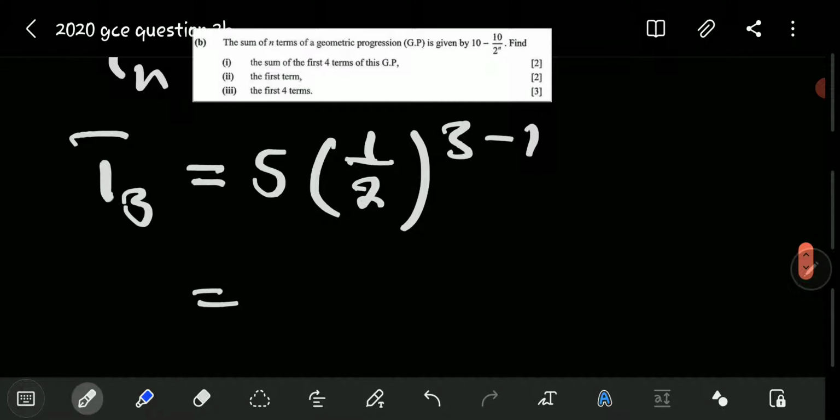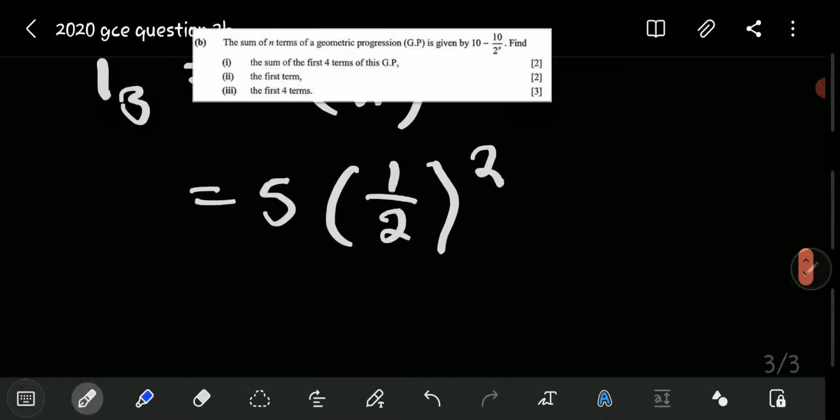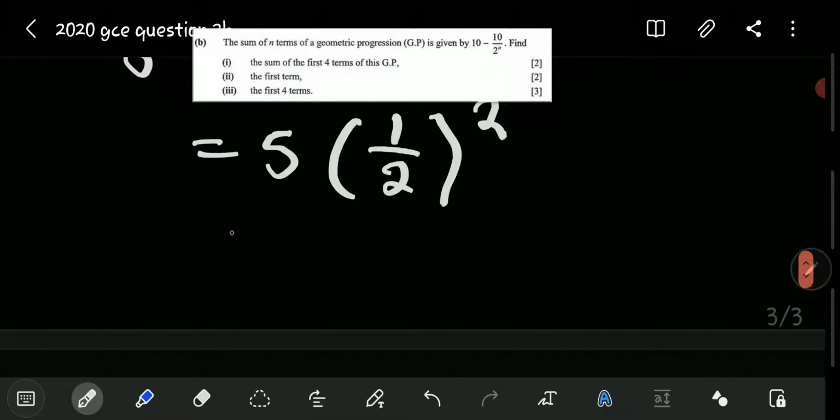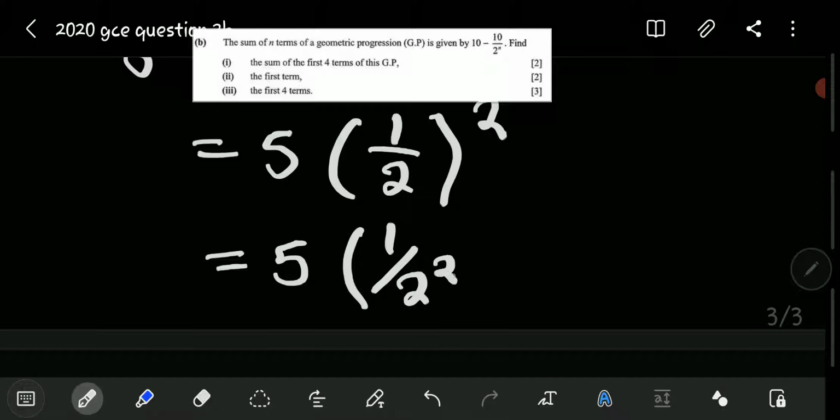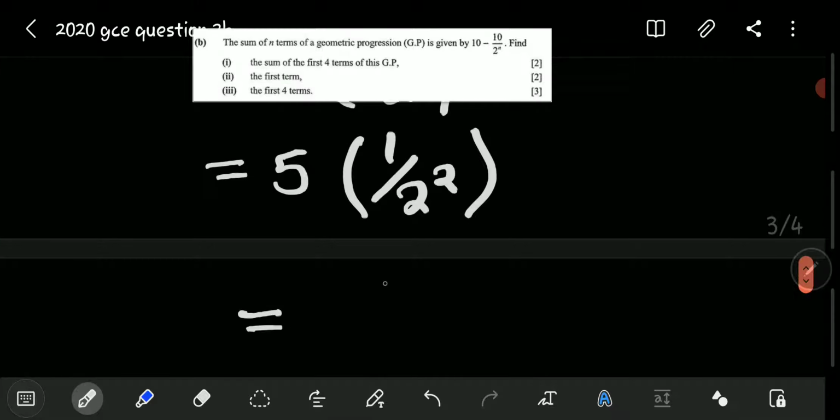So this is 5 open bracket 1 over 2 raised to the power 2. So how do we handle this one? 1 squared is 1, over 2 to the power 2 is 4.